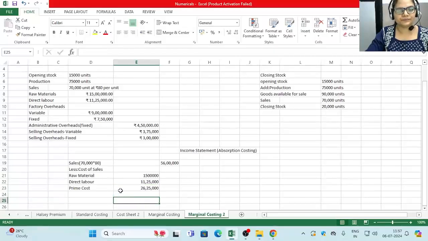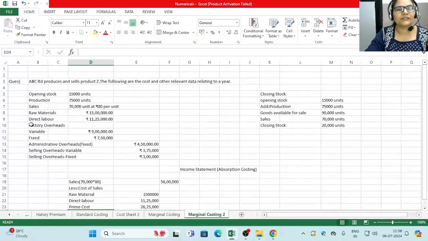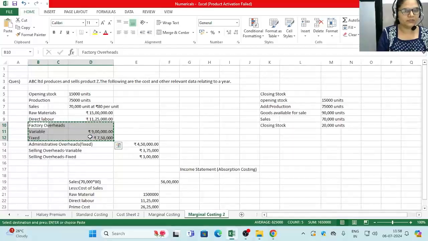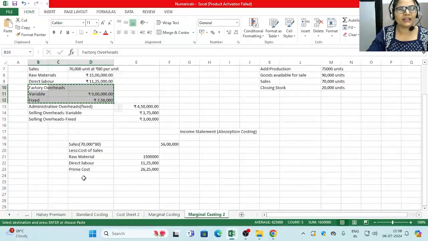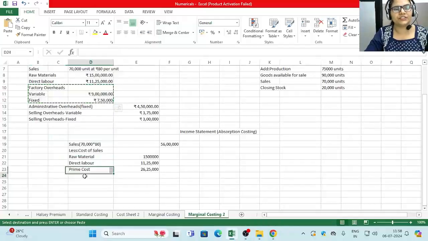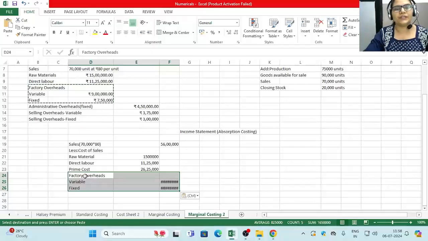Now, after prime cost, we will take out factory overheads. Factory overheads are given in the question: 9 lakh and 7,50,000, and there is no differentiation between fixed and variable.